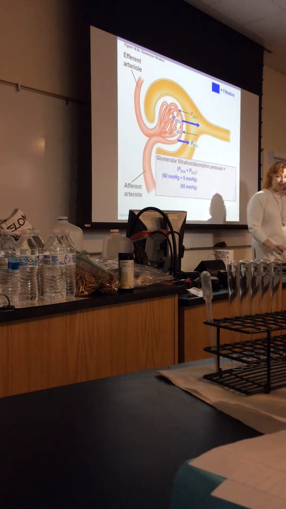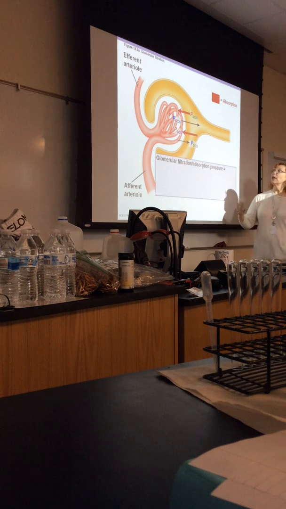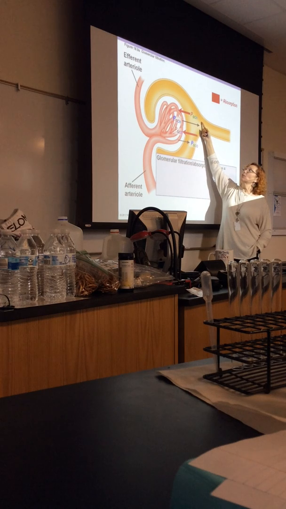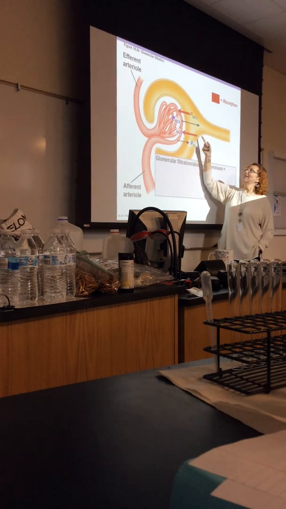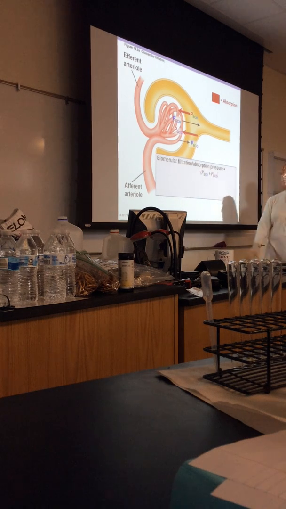Now let's do the same thing looking at the forces that favor absorption. So which favor absorption? Well, the Bowman's capsule hydrostatic and the glomerular capillary oncotic. So now let's plug our values in for those.